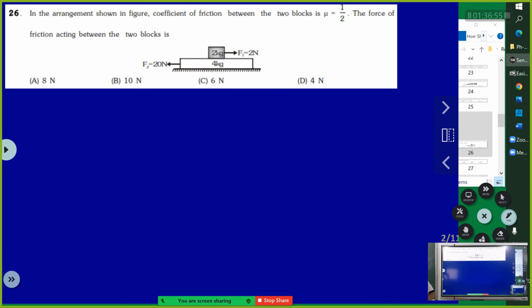Obviously, they are not sticking to the floor. Then what else? They are in contact with each other. They are in contact, definitely.